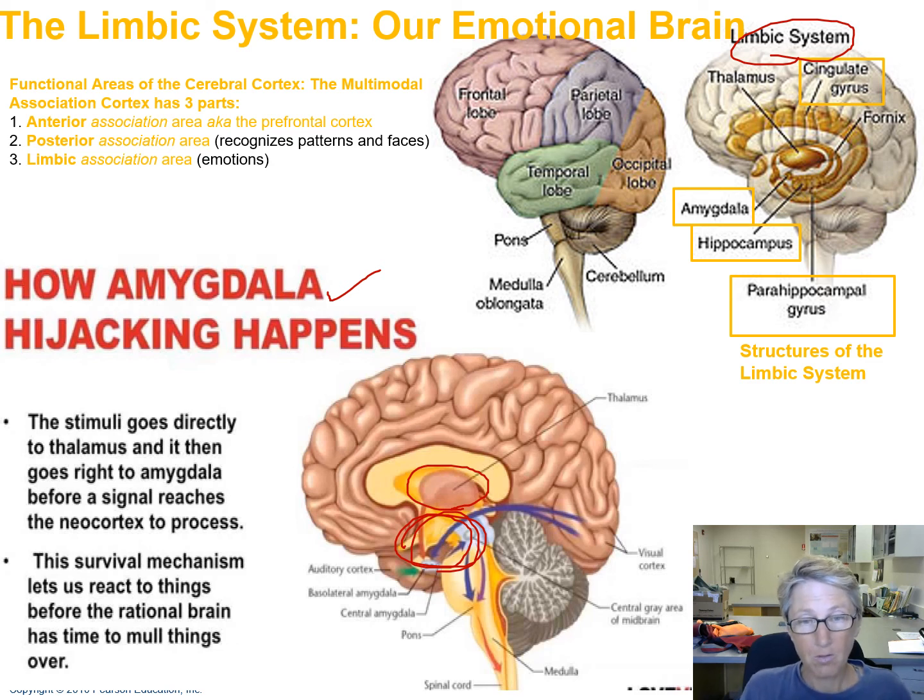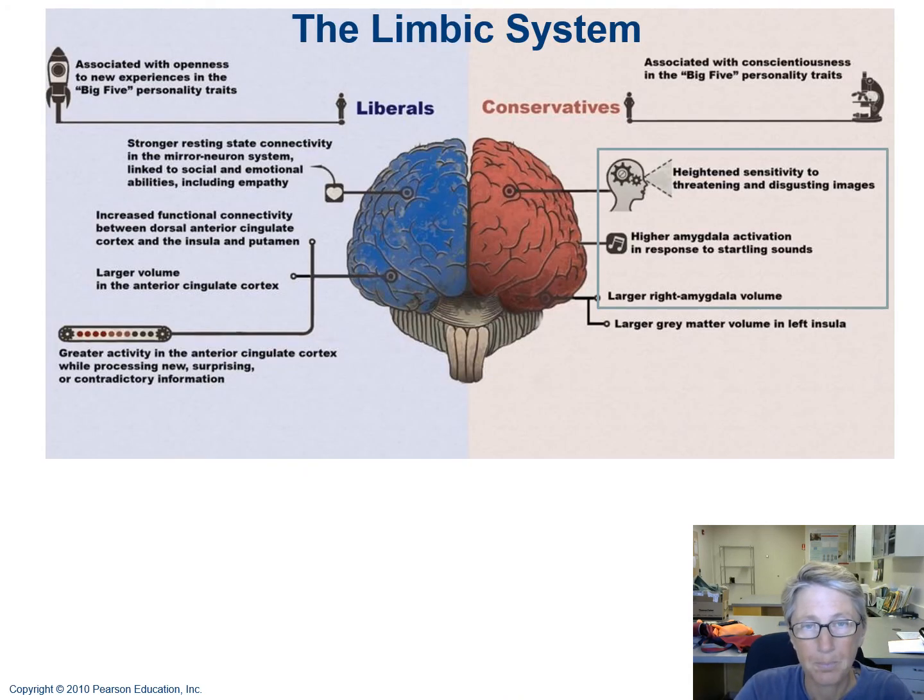A frightening stimulus goes directly to the thalamus, and then goes right into the amygdala before it goes up here to the neocortex, where you can process it rationally. So before you can even process a fearful thing rationally, it's in your amygdala making you scared. But then the information goes up to the neocortex, and if it's not actually a fearful situation, you can understand that. But it's a survival mechanism.